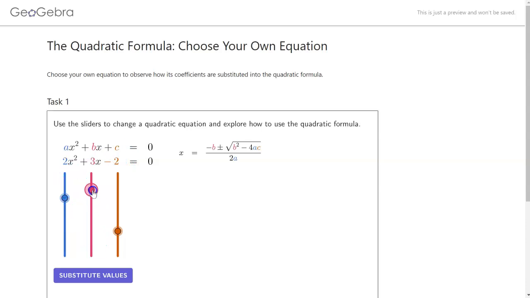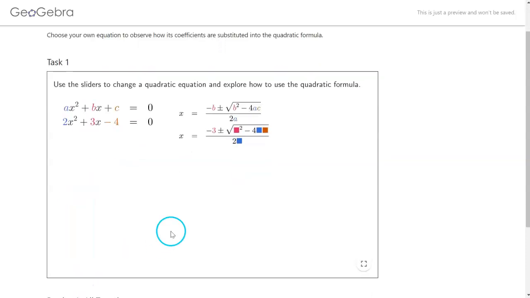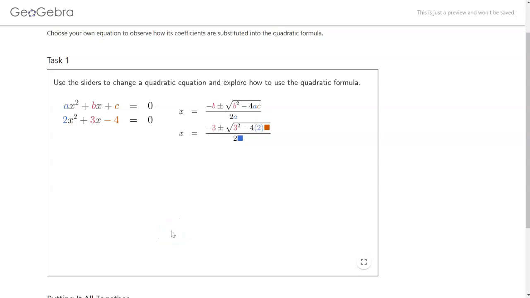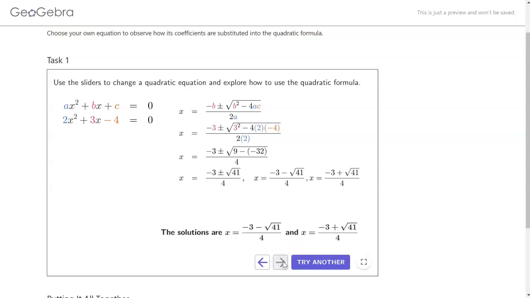So they're going to put their function here by using sliders. And once they do that, I'll just make up some random numbers. I don't think this is right. Click substitute values and then just let it do its thing. It will substitute the numbers in, and then down at the bottom, these purple arrows will help you advance through the problem. And so they'll put their solutions. Those are not the solutions, by the way.